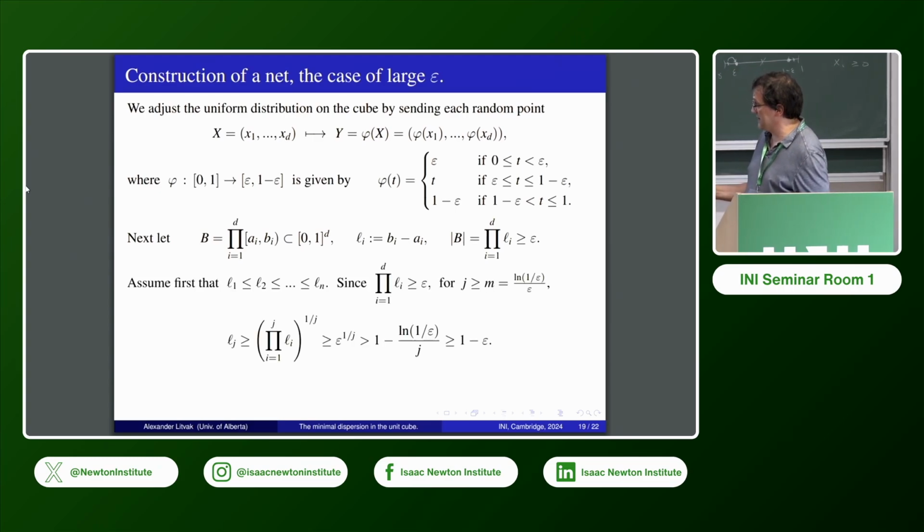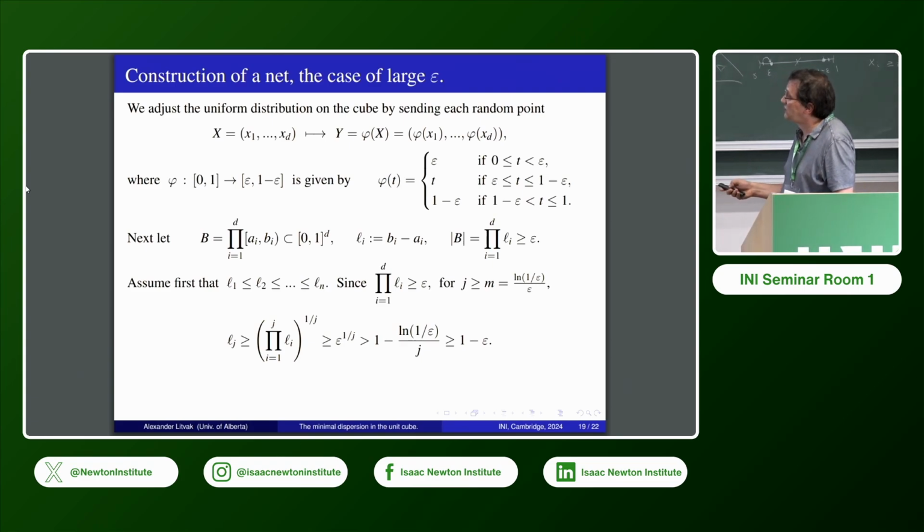So if we consider the increasing rearrangement of them, then because we have this bound, for any j which is larger than m, which is exactly this number, say the integer part of this, we have a bound that the length is larger than 1 minus epsilon.